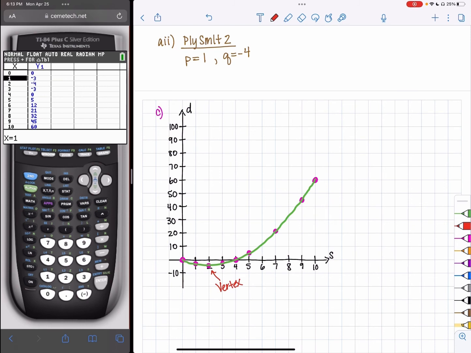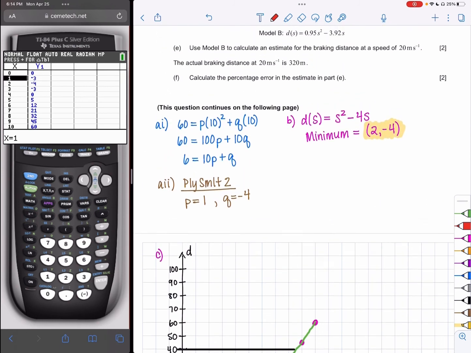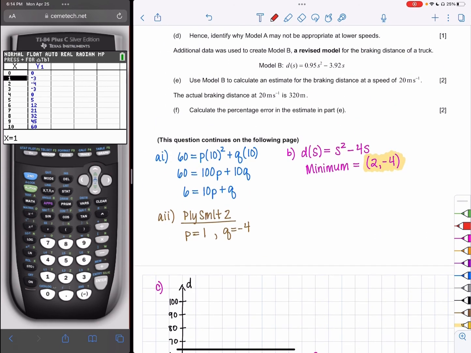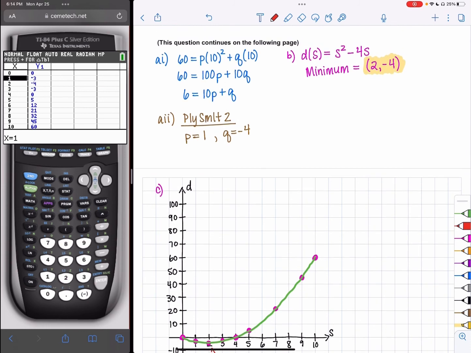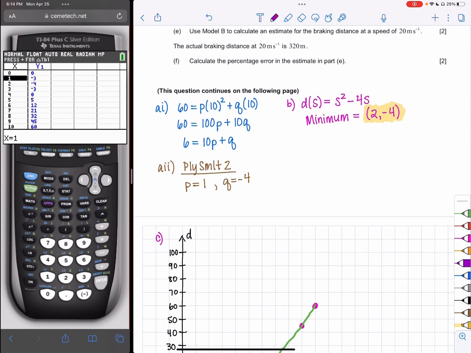And if our y values are negative, that means my distance is going to be negative. And we already know that we can't have a negative distance. So this is why this will be inappropriate at lower speeds, because being below the x-axis will indicate a negative distance, and distance cannot be negative. All right, so that is what we have for D here.